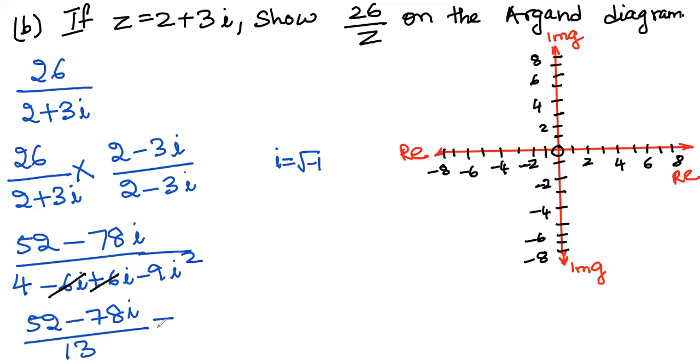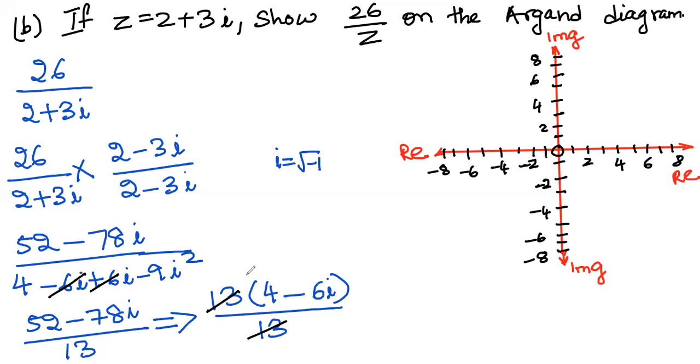If you take 52 and minus 78, they are divisible by 13. So if you take 13 as a common factor, 13 times 4 is 52 and 13 times 6 is 78. So we have 13 and 13 getting cancelled.